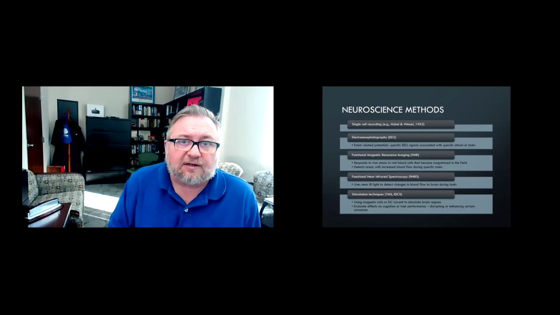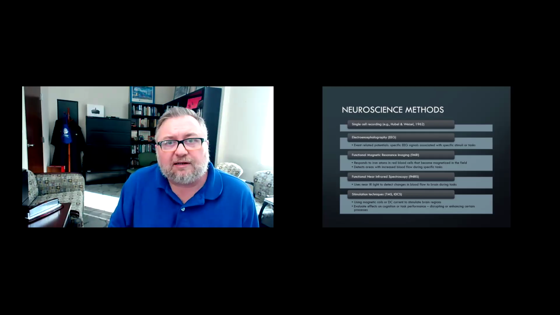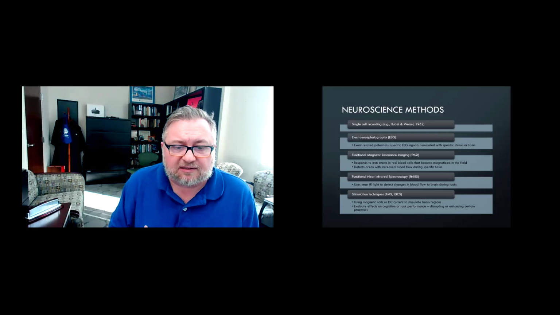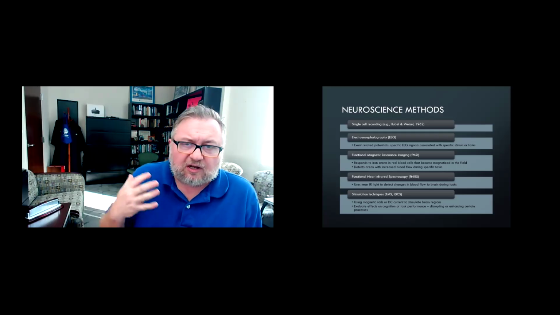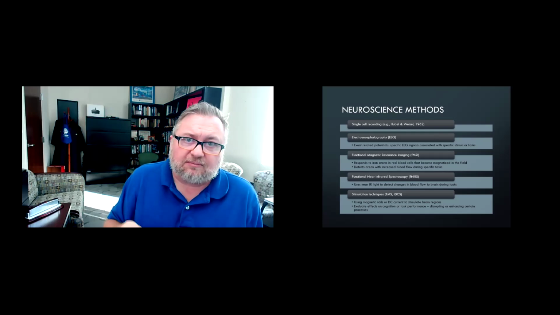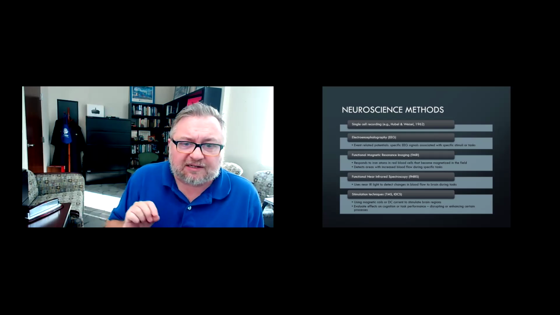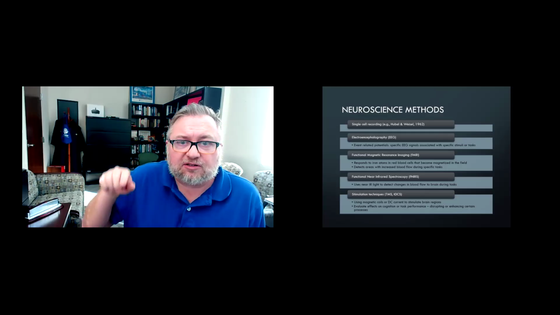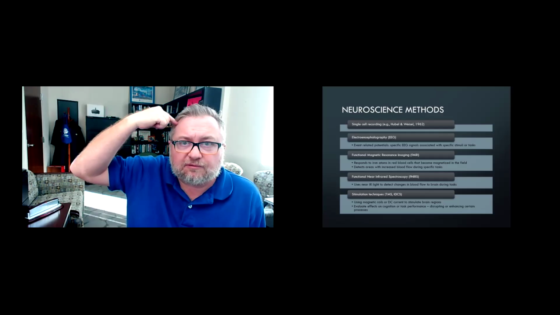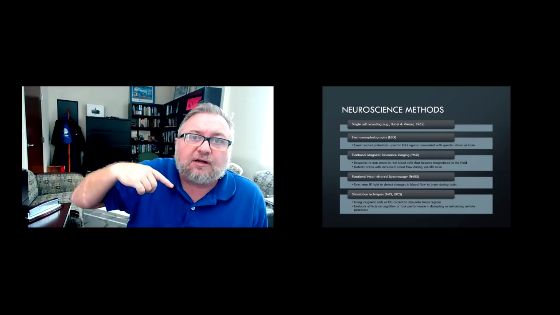FNIRS is a very similar kind of thing here, but instead of using a big magnet for an MRI, we're going to use a cap that might look a bit more like an EEG cap, but instead of detecting electrical potentials, this detects infrared light or near infrared light, technically speaking here. So these caps actually have two different kinds of instruments embedded in them. One is a small near infrared light emitting diode that shoots near infrared light through the cranium and then into the brain.